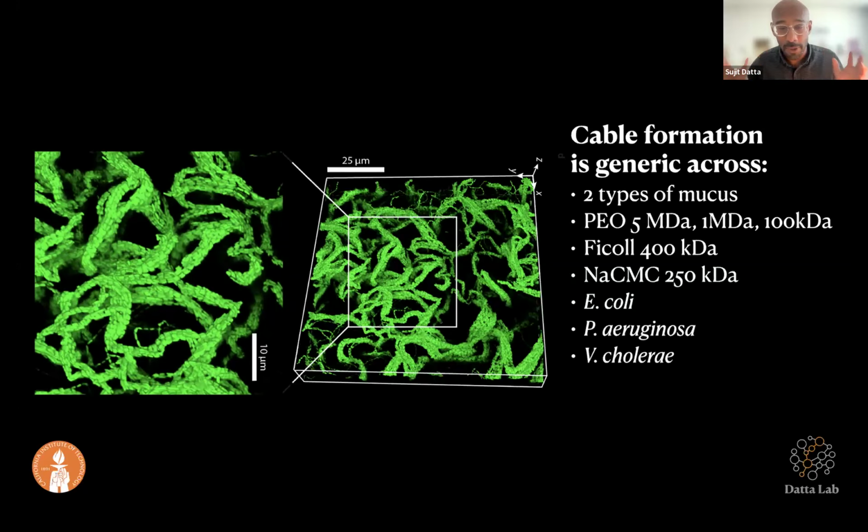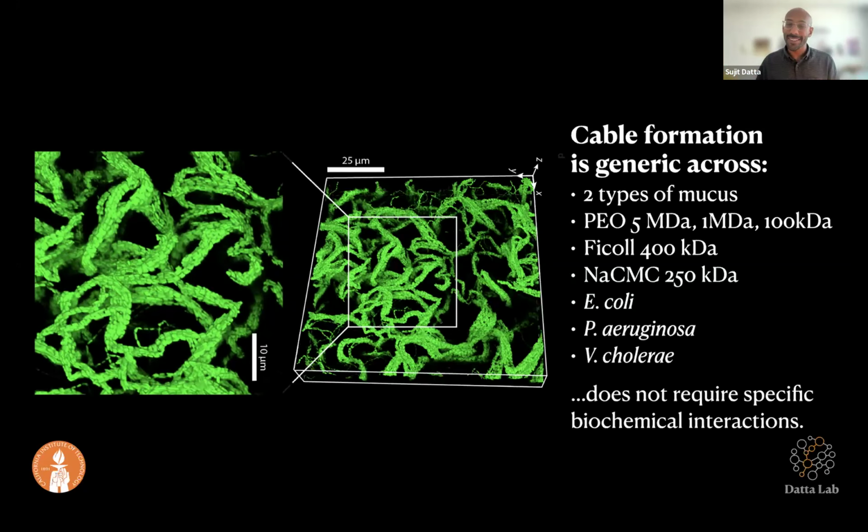When there was enough polymer in the surrounding fluid, right, these bacteria grew in these beautiful cable-like structures. And so these experiments told us that this cable growth, right, is a generic feature across different bacterial types, across different polymer types. Whenever these bacteria are growing in a sufficiently polymer-rich environment, they grow into cables.